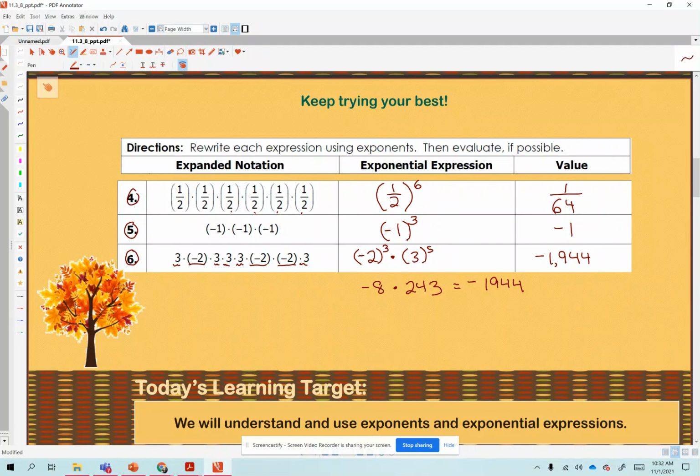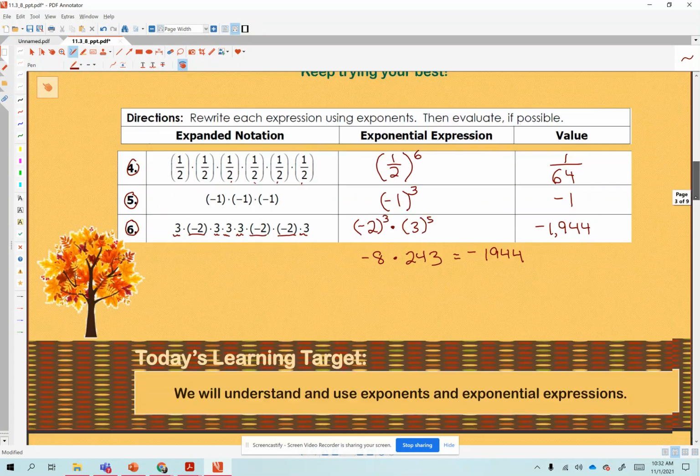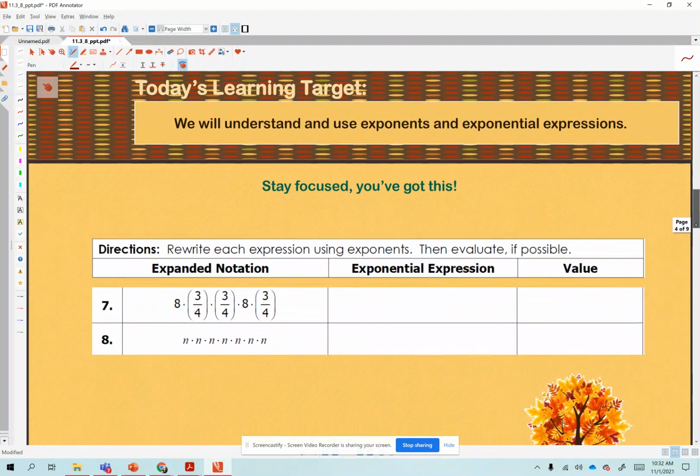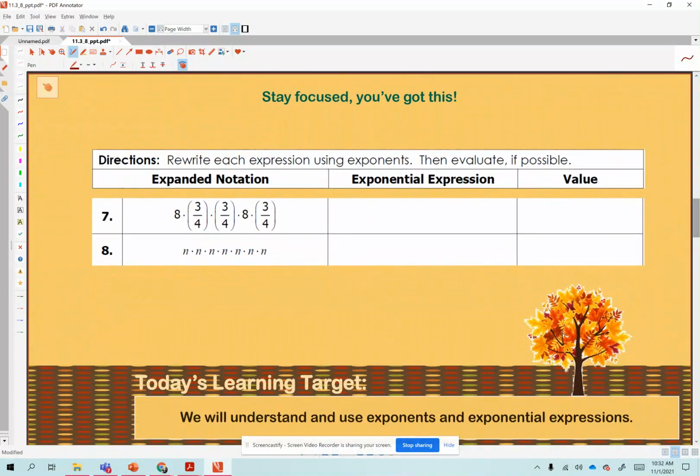So let's move on to problems 7 and 8. Try them on your own. So for number 7, we have 8 squared, so a base of 8 with an exponent of 2, times the fraction 3/4, which is raised to the 3rd power.